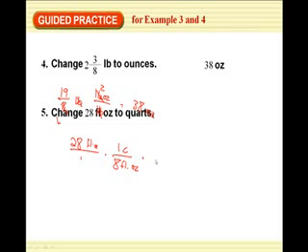So 2 cups equals 1 pint, and 2 pints equals 1 quart. And the reason why I'm going to make sure I want to cancel pints and pints, cups and cups, ounces and ounces. So the only thing left is quarts.